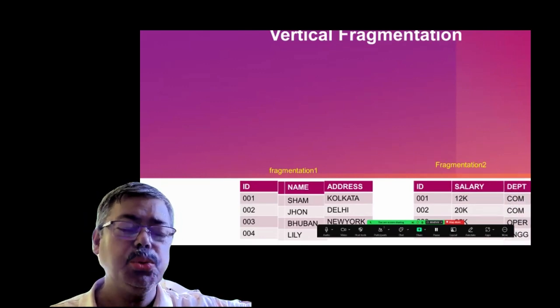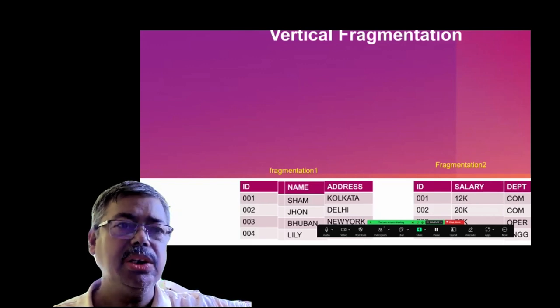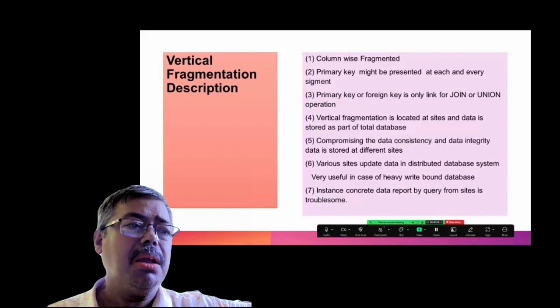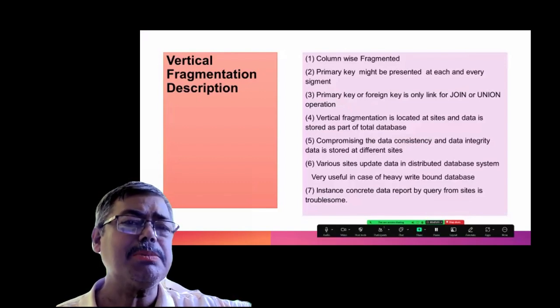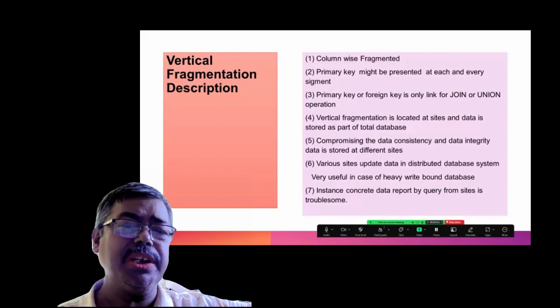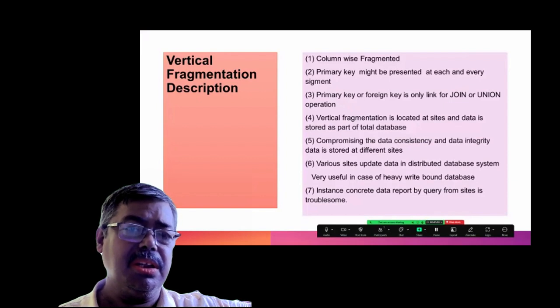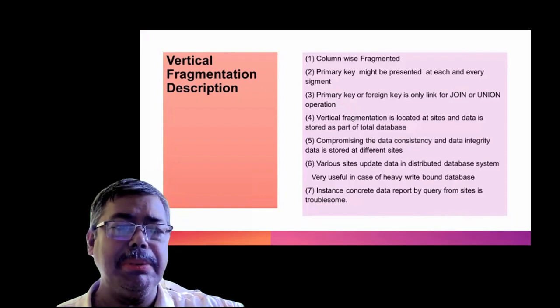Then the 2 tables can be joined and unioned. Vertical fragmentation is column-wise fragmentation. The primary key must be present in each and every fragment. Primary key or foreign key is the only link item to link 2 or more tables.